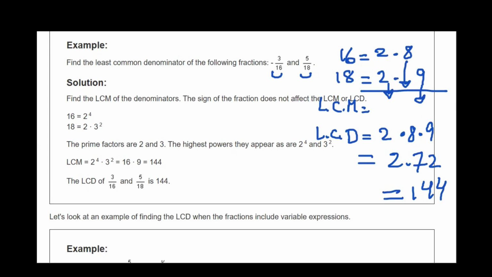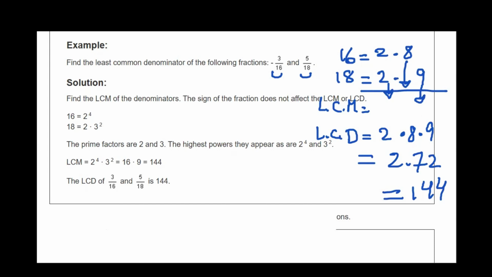Why do we need the least common denominator? To be able to add or subtract. If we are adding or subtracting fractions, we have to find the least common denominator. So the least common denominator is 144.